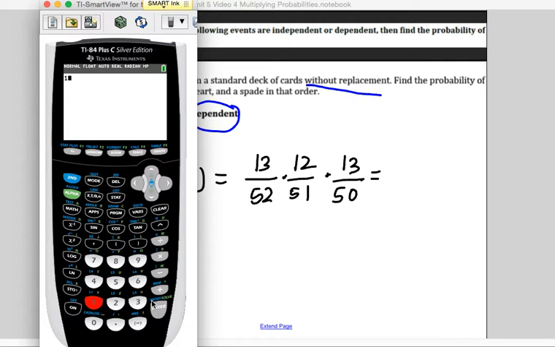You would do 13 divided by 52 times 12 divided by 51 times 13 divided by 50. Okay, you'll get the decimal, and if you want your reduced fraction, you go math, frac, enter, and there it is, 13 out of 850.